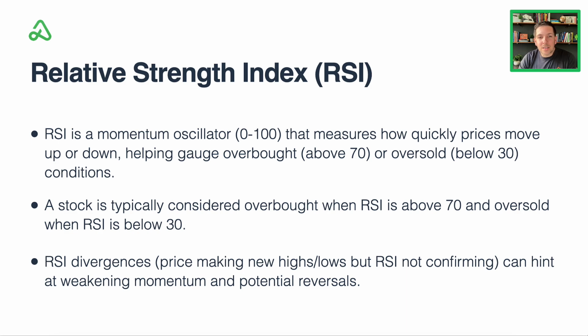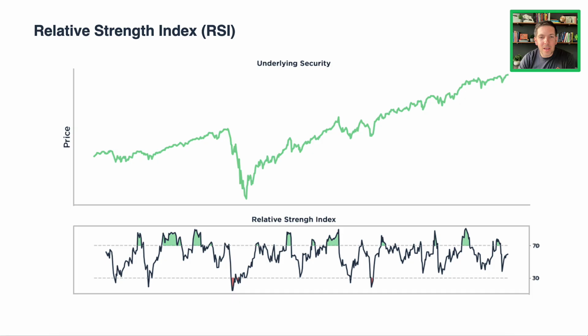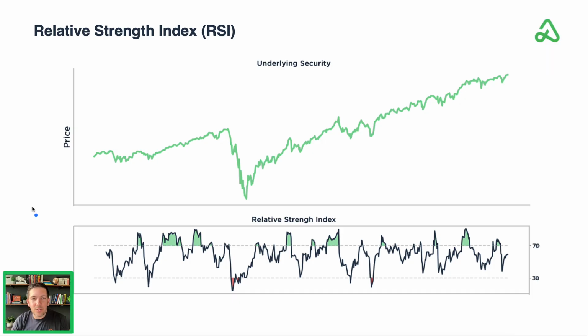So again, a stock is typically considered overbought when it's above 70, oversold below 30. Again, you can use divergences, which can hint at some weakening momentum and potential reversals, okay? So if you look at it broadly, this is what you'd see if you bring up a relative strength index or RSI technical indicator. You get these readings above 70. These would all be overbought readings. Again, it doesn't mean that the market is going to stop moving higher.